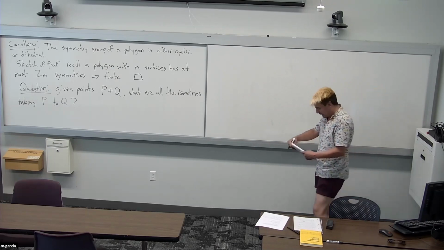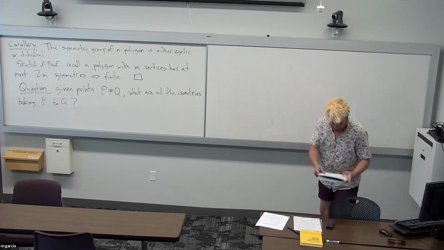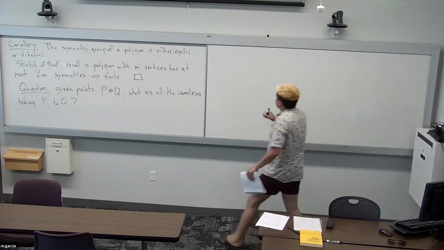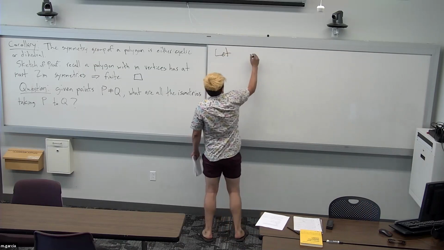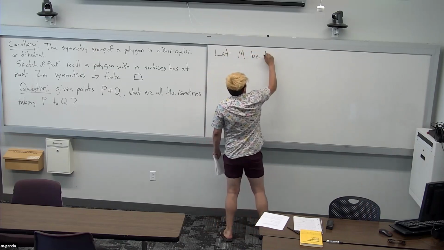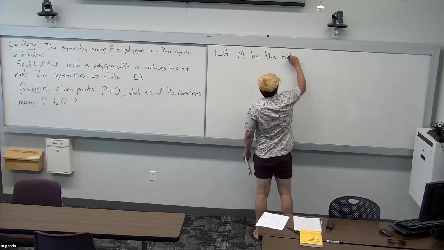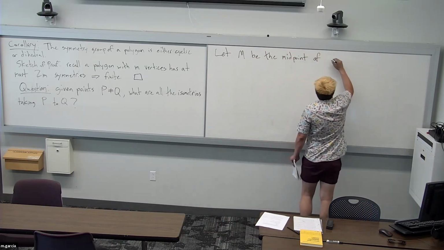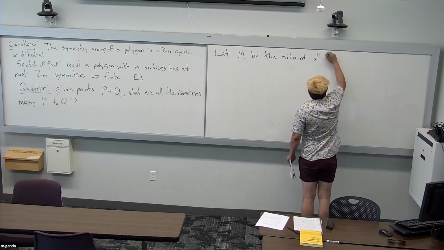Okay, so in any case, what notation do I want to use here? And it's pretty standard, actually. So let's just let M be the midpoint of the line segment PQ.